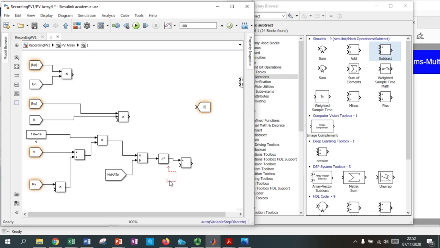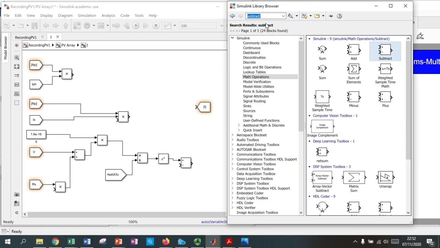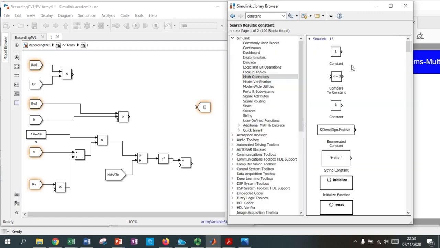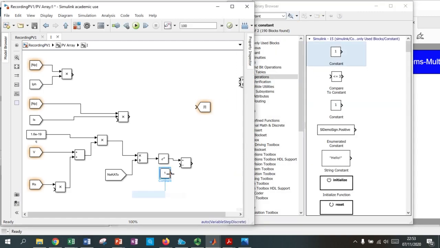Sorry, I will remove this part, and I will go to the constant. Constant is here. It's exactly 1. The output 1 is here.